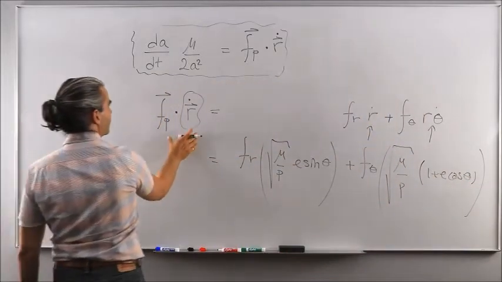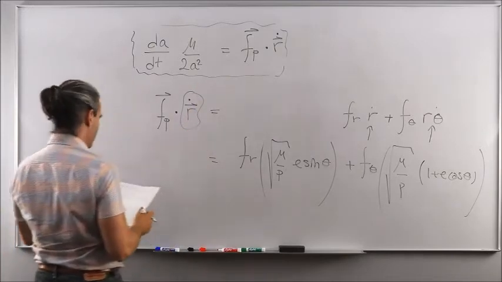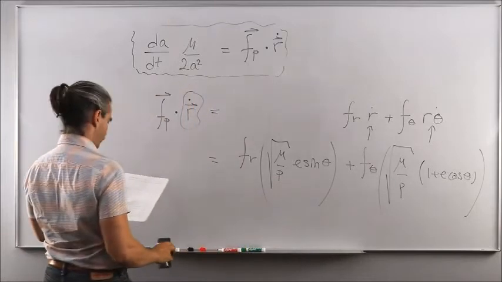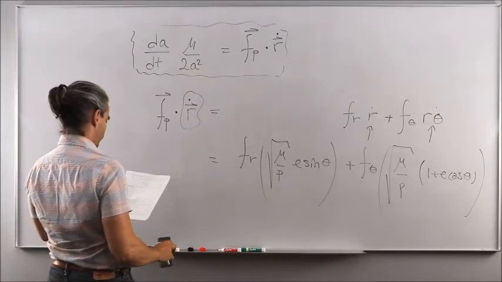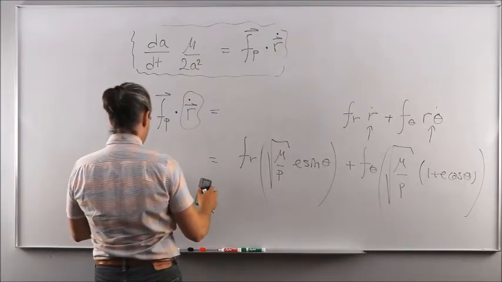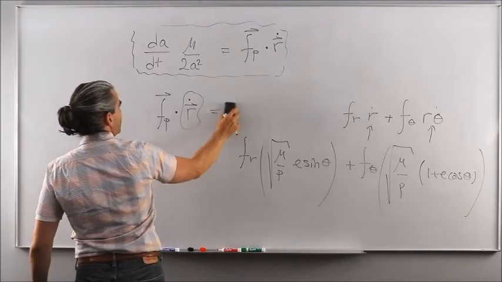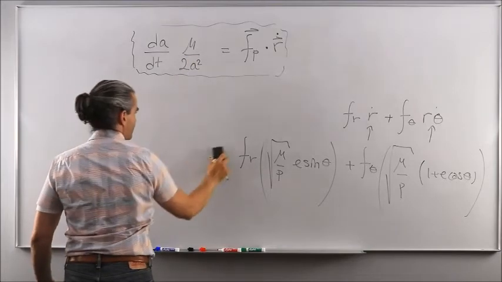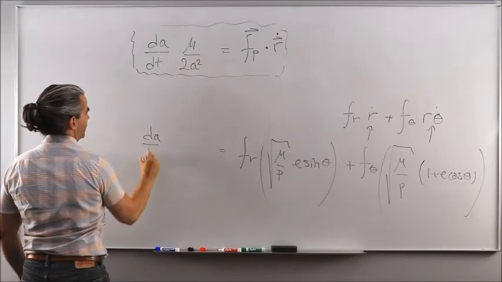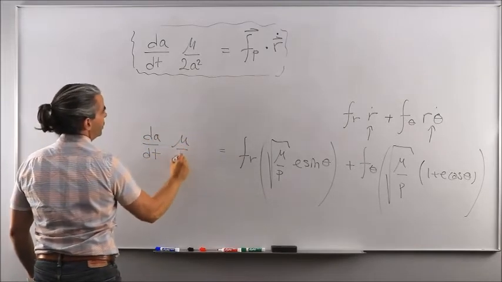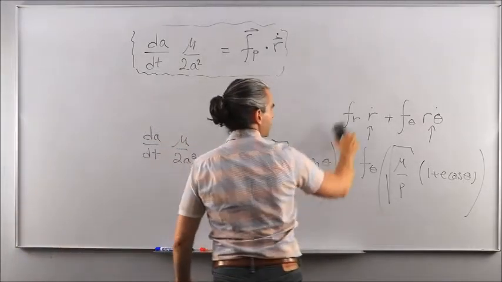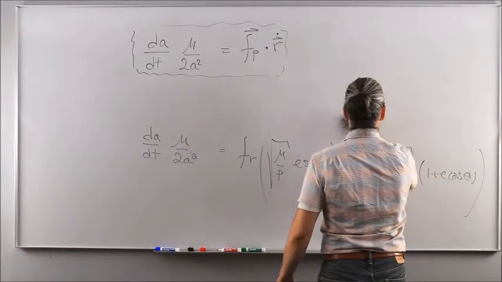So this is for the right-hand side of that expression. Which means that we can rewrite that expression we had. So dA/dt times mu over 2a squared is equal to all this elegant expression on the right-hand side. Okay?